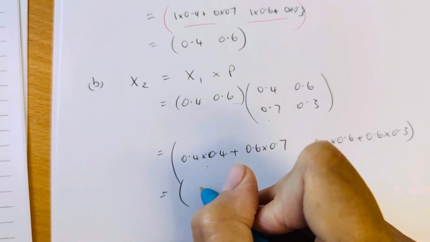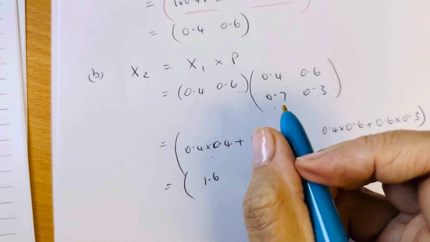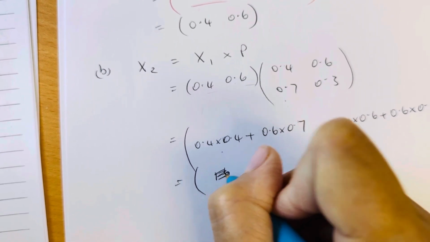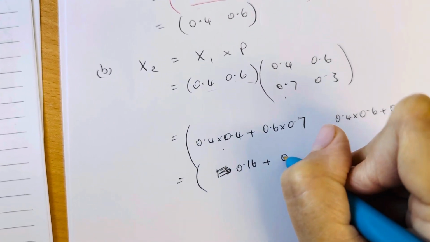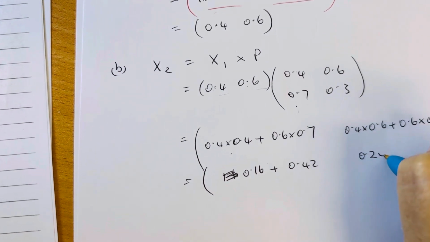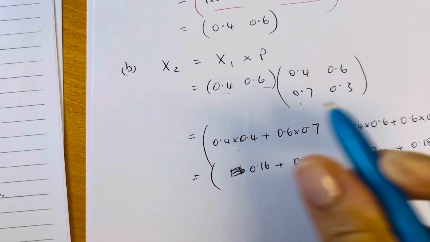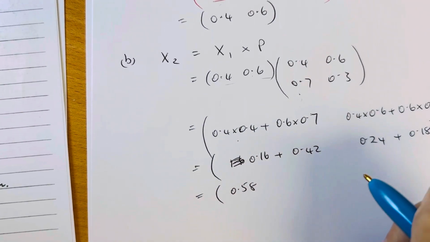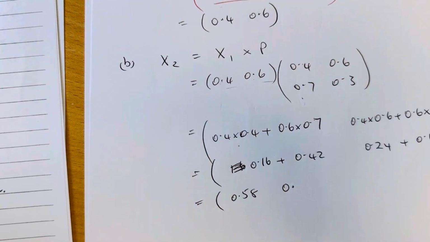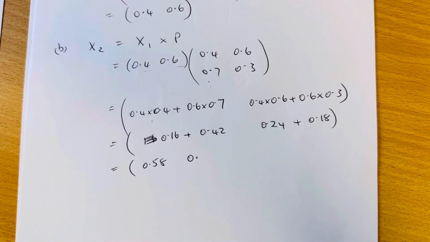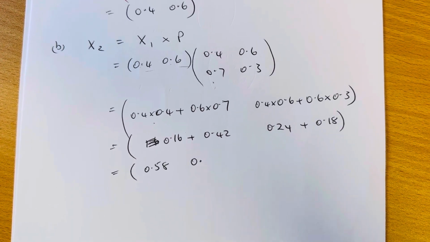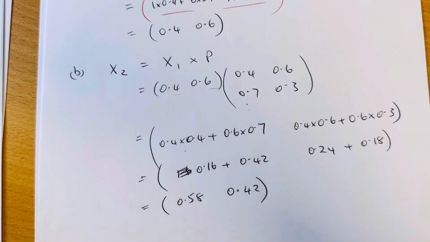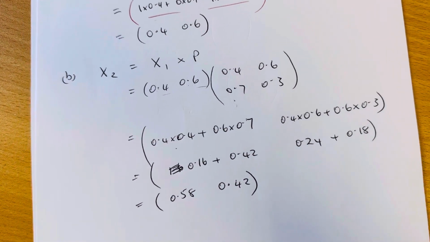Tech-free, this is a little bit tricky. 0.4 times 0.4 is 0.16, plus 0.42, which is 0.58. Then 0.24 plus 0.18 will be 0.42. It's doing a little bit of math in our head.